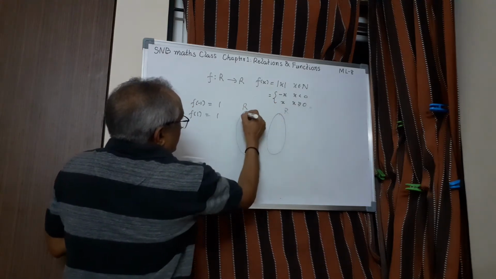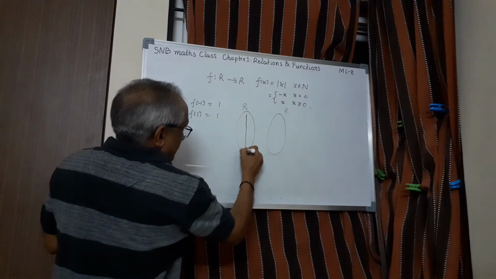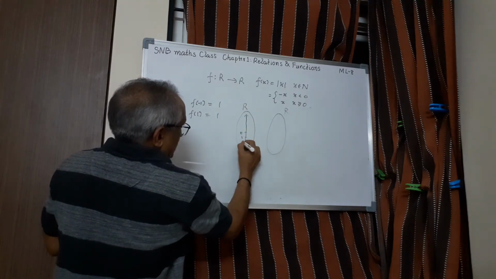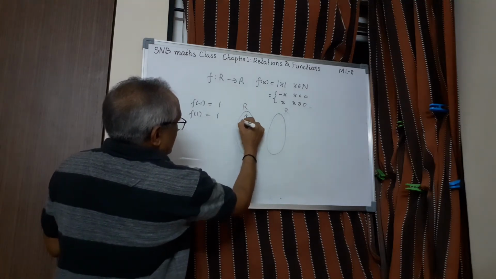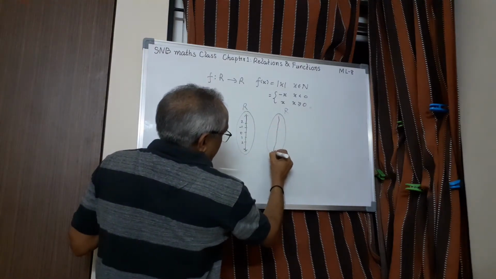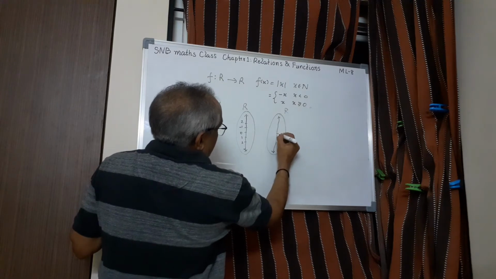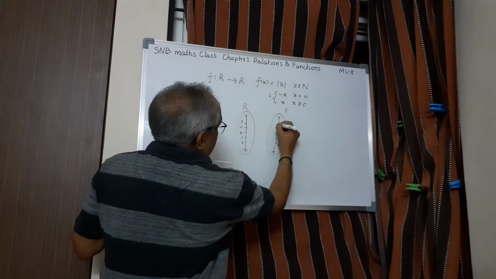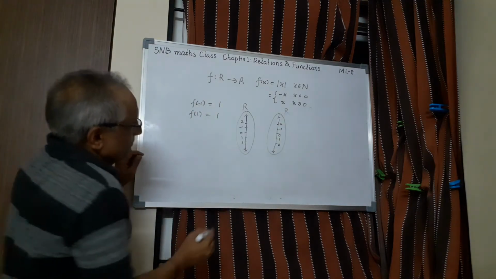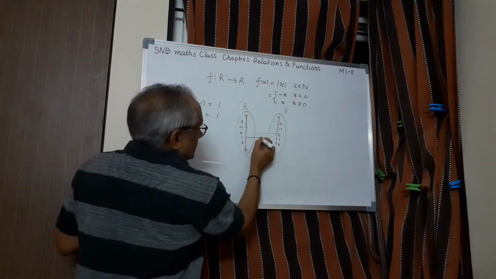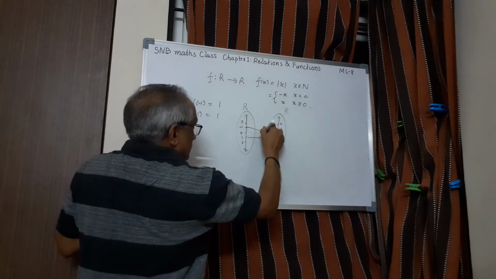For example, if you draw the diagram, you will get the function like this. Let me use the number line here. This is 0, this side positive, say 1, 2, etc. Here minus 1, minus 2, etc. So by definition, 0 will go to 0 and 1 will go to 1 and minus 1 also will go to 1.